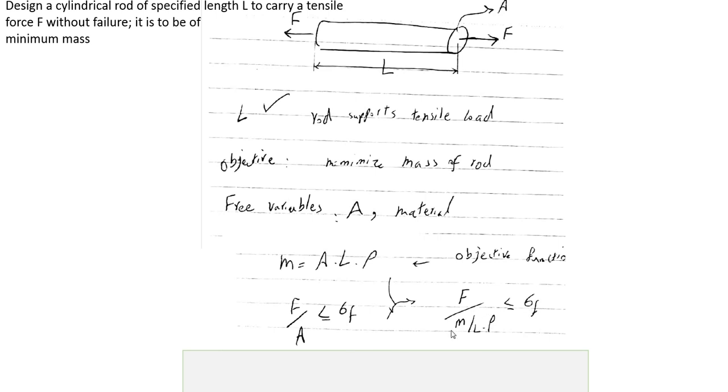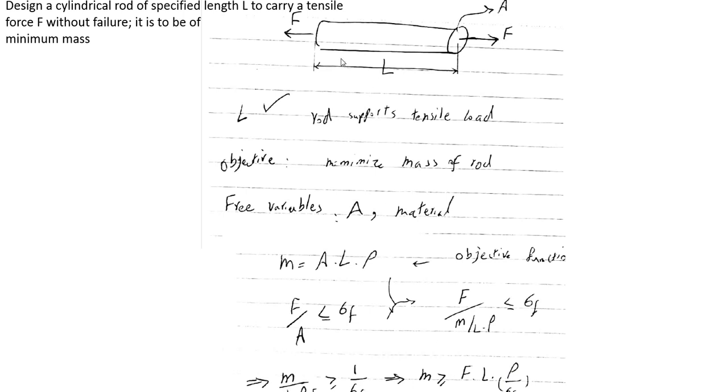If we flip this fraction, then we will have m over L rho F is bigger than 1 over sigma F, or finally m is bigger or equal than this relation here: F is force, length, density over sigma F or failure strength. Here the last bracket contains the material properties.